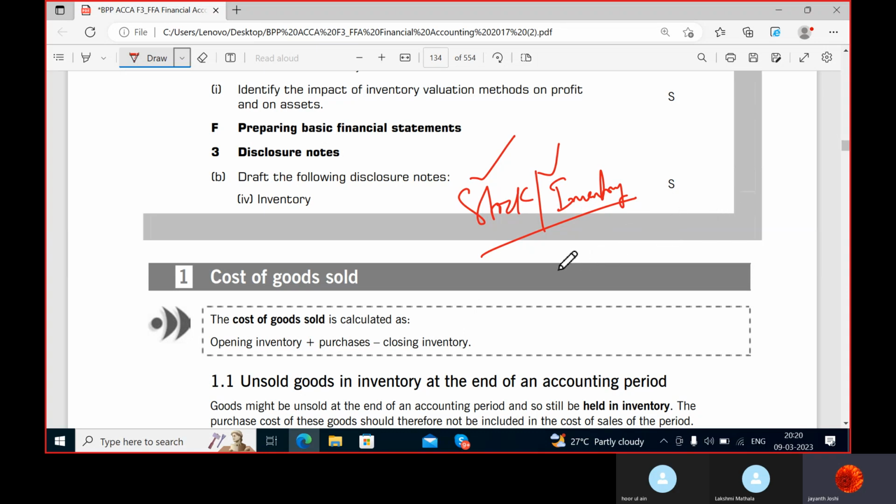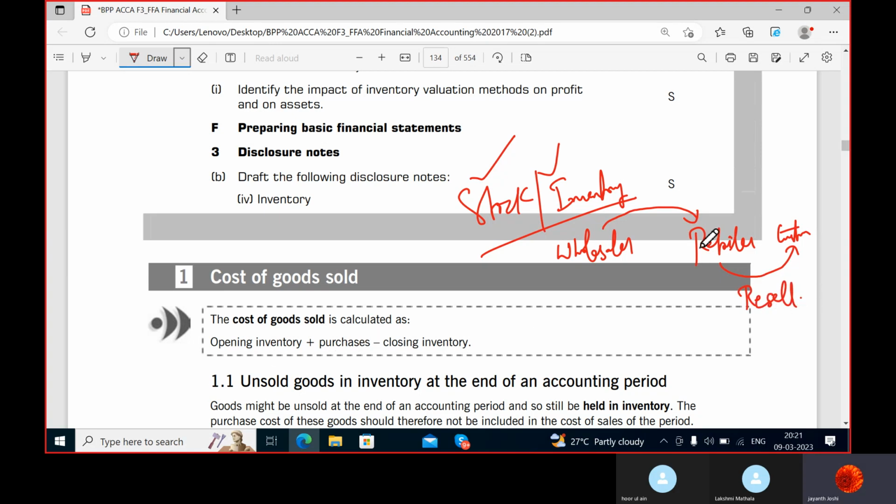Okay. So suppose this is a wholesaler and this is a retailer. This is a customer. So, retailer purchases goods from wholesaler and retailer sells the goods to customer. So, retailer has purchased the goods from wholesaler to resell.